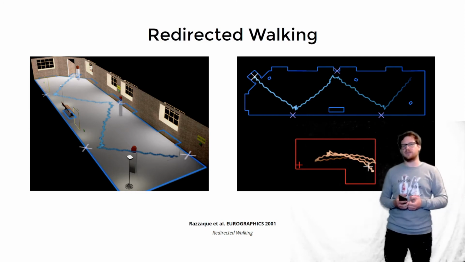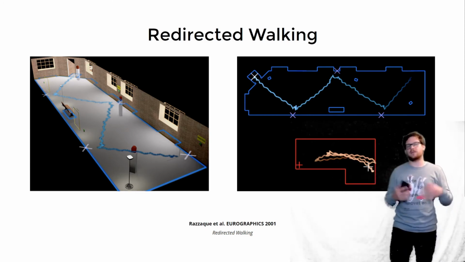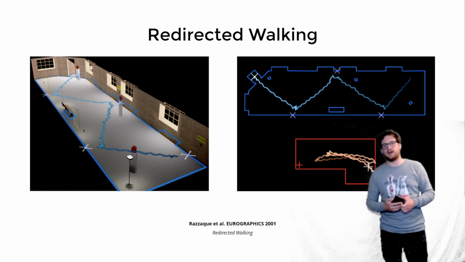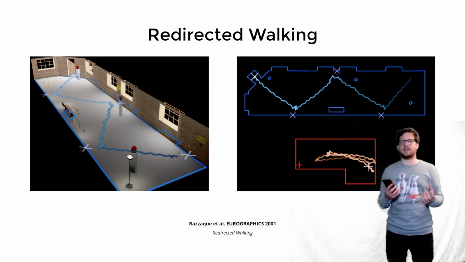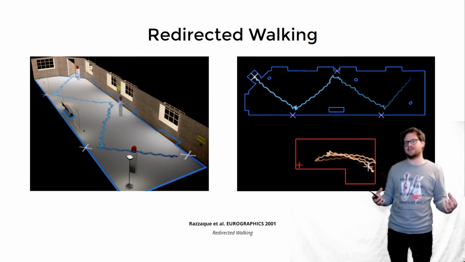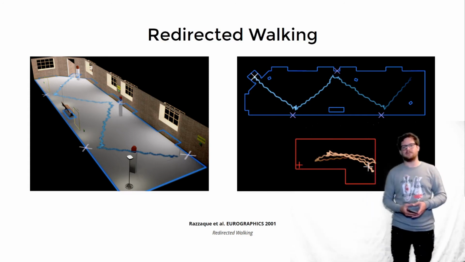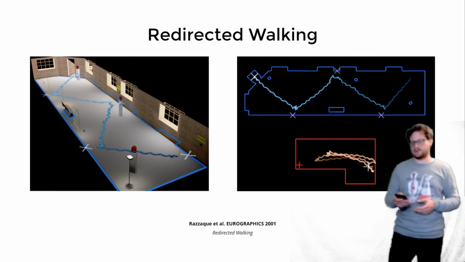So in the virtual environment, you think that you walk straight, but in the real world, you're actually walking on a circular path. And this way, you can explore a much larger environment in the virtual world and actually be in a really confined play space in the real world.